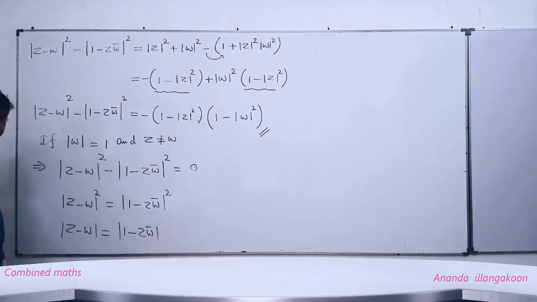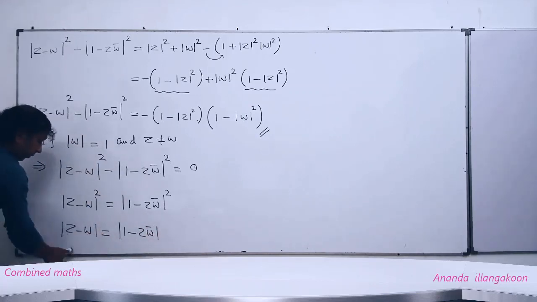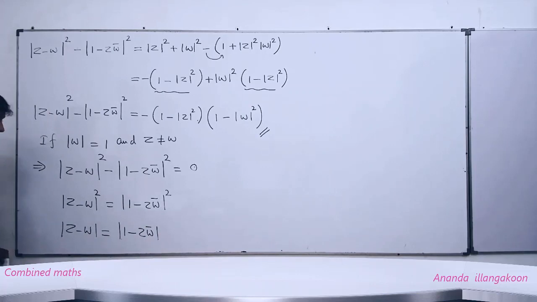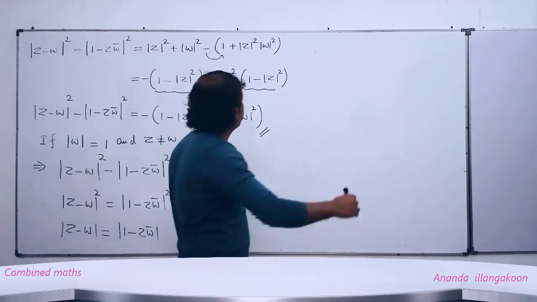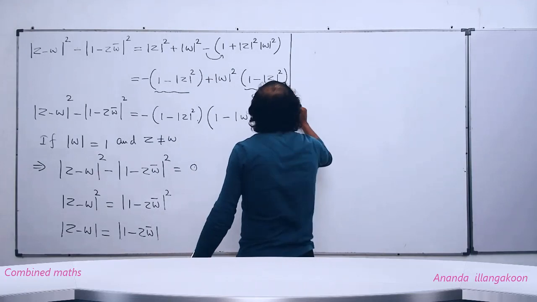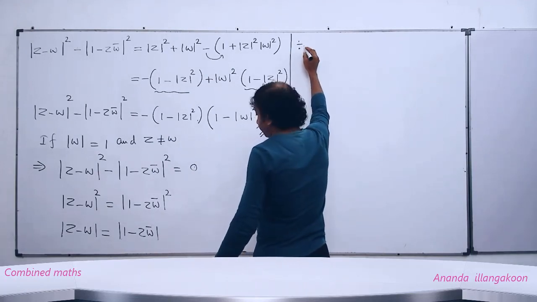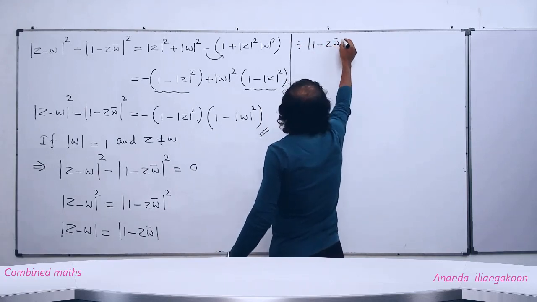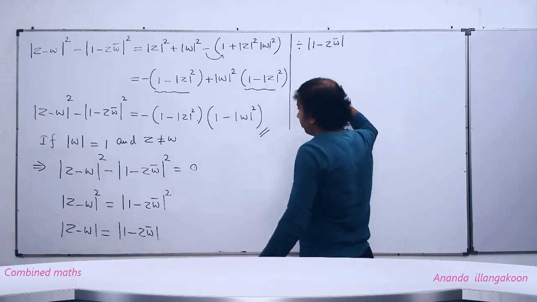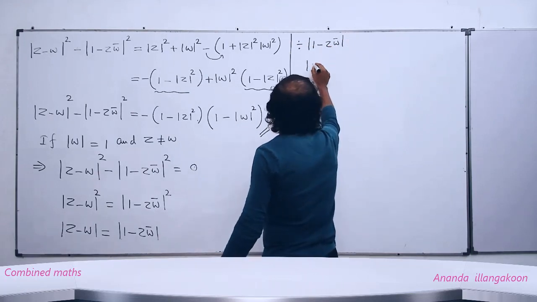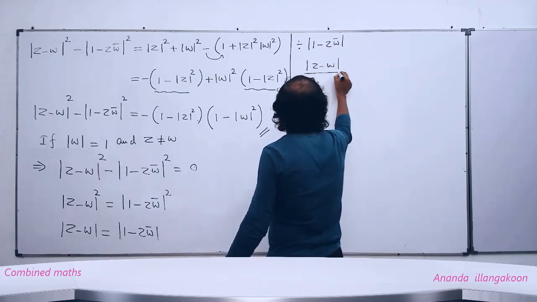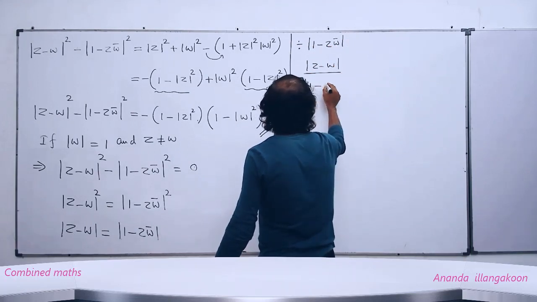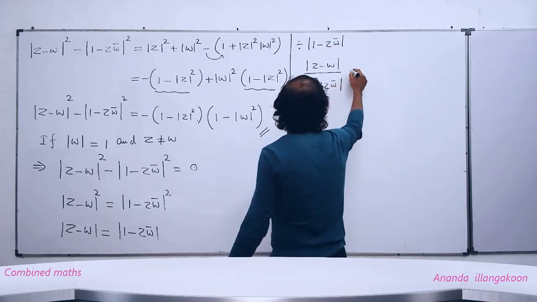Right. Now I divide both sides by the right hand side, divided by this 1 minus z w bar. What do you get there? Mod z minus w divided by mod 1 minus z w bar is equal to 1.